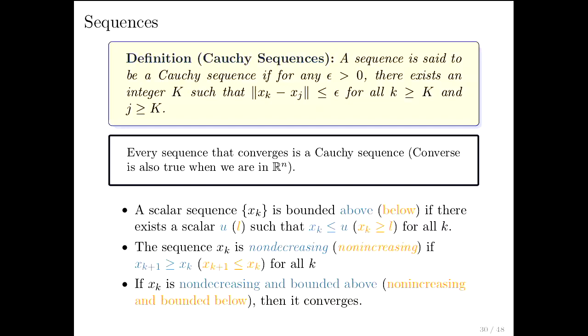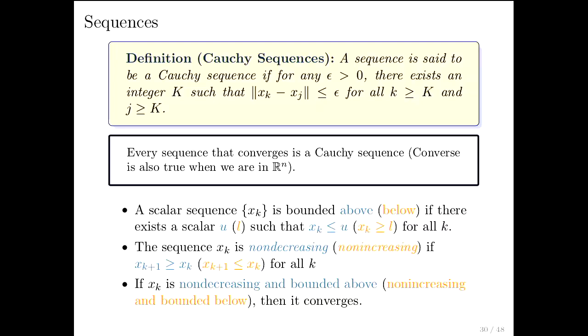We have a useful definition, a Cauchy sequence. We call the sequence Cauchy if after a certain time, a certain index, all the points in that sequence end up being close to each other. They bunch up together.